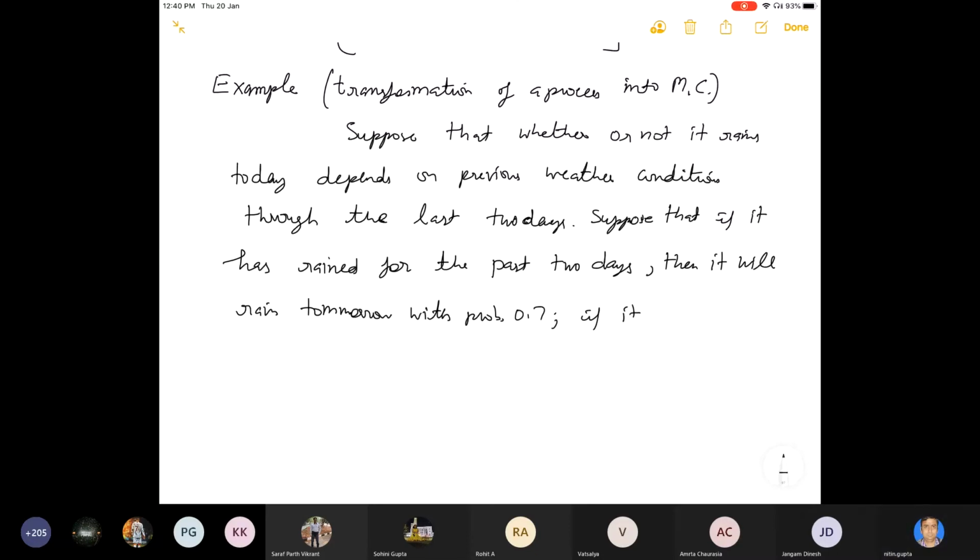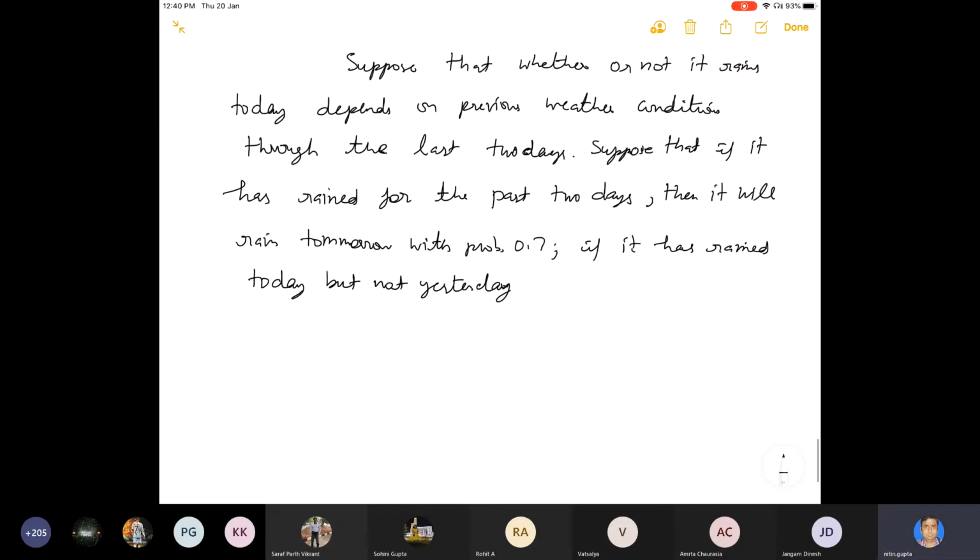If it has rained today but not yesterday, then it will rain tomorrow with probability 0.5.